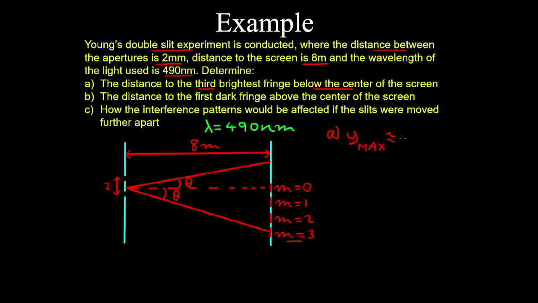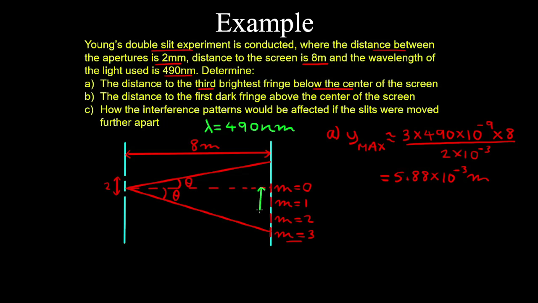So that was approximately equal to m, which is the third order fringe we're looking at, multiplied by the wavelength of light, which we'll convert to meters, multiplied by the distance from the slits to the screen, and that's divided by the distance between the apertures. So we'll convert from millimeters to meters. So that gives 5.88 by 10 to the minus 3 meters, or 5.88 millimeters, which is this distance over here.